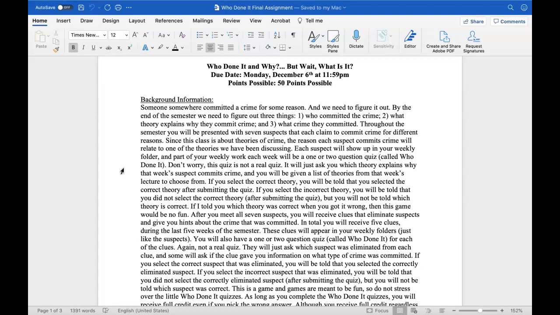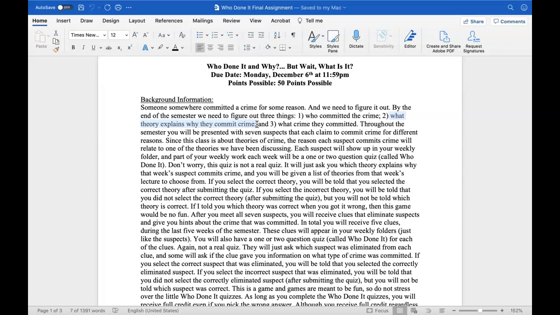One of them being the fact that you can now match that suspect with the theory, which is going to be important for later on. Because remember, you want to tell us what theory explains why that suspect committed the crime at the end of the semester. So if you're getting them right throughout the semester, you already have them all matched up. You don't have any extra work to do at the end of the semester.